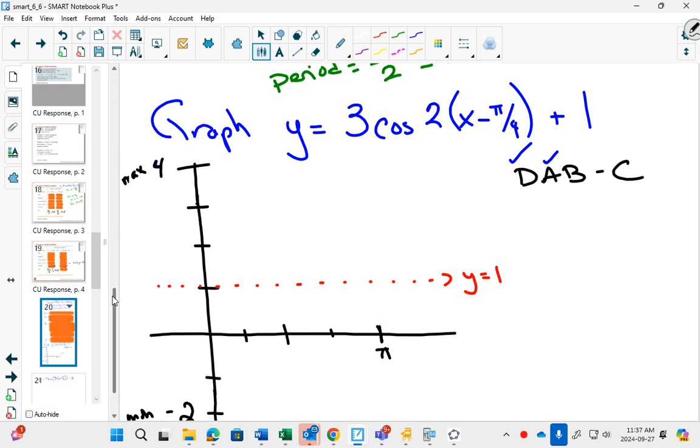I usually start by labeling the middle one first, because it's going to be half of pi. So that'll be pi over 2. Then I label the first one, because the first one's going to be half of pi over 2. It's going to be pi over 4. Then I can label the third one, because I know the first one's pi over 4.